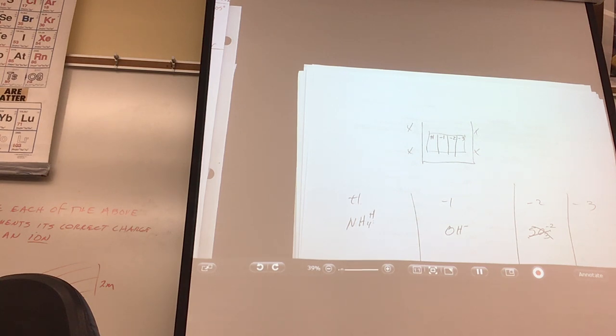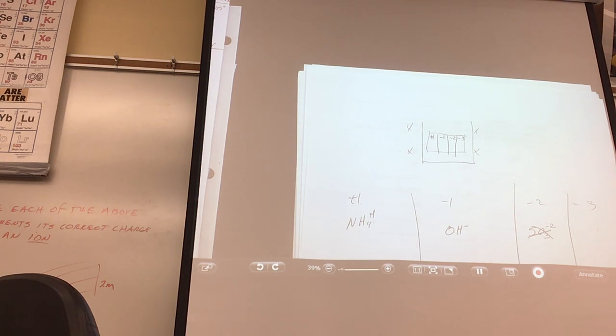Hydrogen sulfate. Sulfide. Hydroxide. If I can't tell who did it first, I put it back in. Hypophosphate. It's a hydrogen sulfate. Come on.